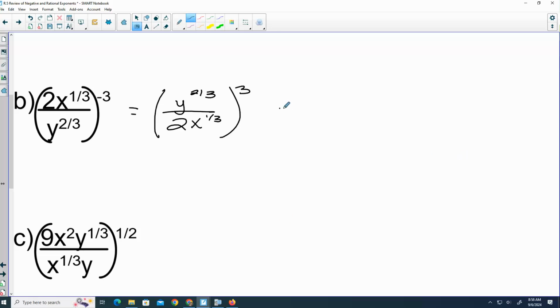So now if I take everything to the 3rd power, you will multiply your exponent. So 2/3 times 3 is 2. On the bottom, this is 2 to the 3rd. X 1/3 times 3 is just 1. What is 2 to the 3rd? 8.